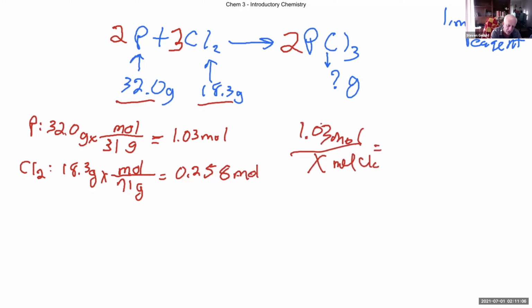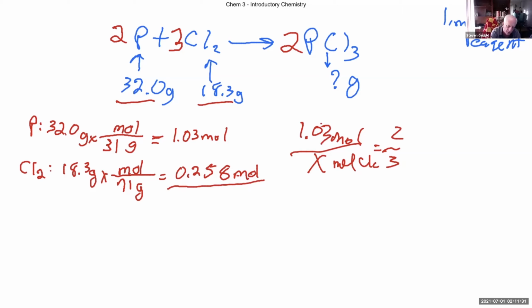And my ratio is going to be phosphorus, which is 2, to chlorine, which is 3. That's my ratio numbers, right? Right from my chemical equation. So I took one of these numbers, even though I know both of them, and this will work whichever one we pick. Just pick one of them, doesn't make any difference. And then solve the ratio. And that'll tell us how many moles we need.